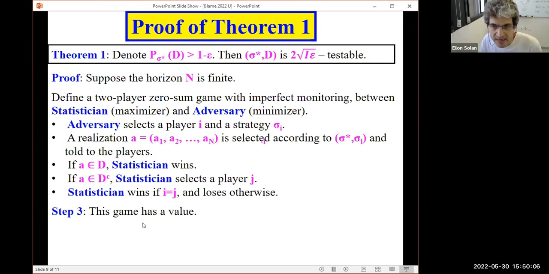So first, the game has a value. Why does the game have a value? Well, since n is finite, the set of realizations is finite, so the strategy set of the statistician is finite, and in every one-shot game in which one of the players has a finite set of actions, the value exists.